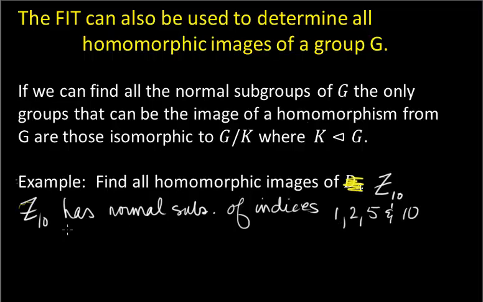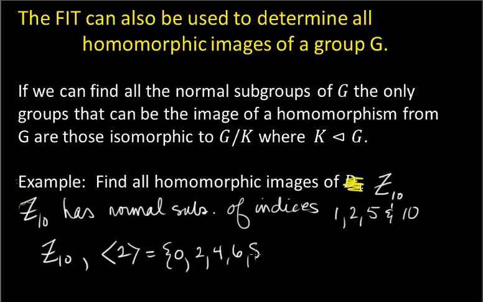Now, the subgroup of index 1 would just be Z10, which is a normal subgroup of Z10. The normal subgroup of index 2 would be the one generated by 2. We know we're going to get 0, 2, 4, 6, 8.